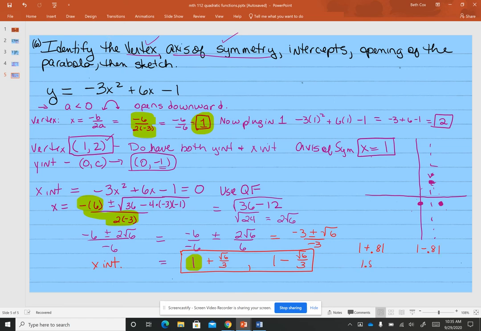So that's 1.81. That's pretty easy. And this one's going to be 0.18 approximately. And so these are my approximations for my x-intercepts, and on my graph, that might be important. So I have 1.81 and 0.18.